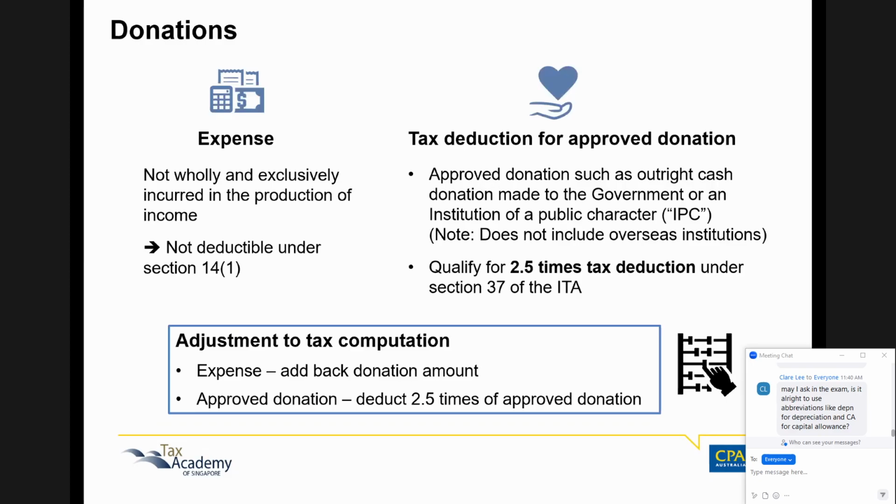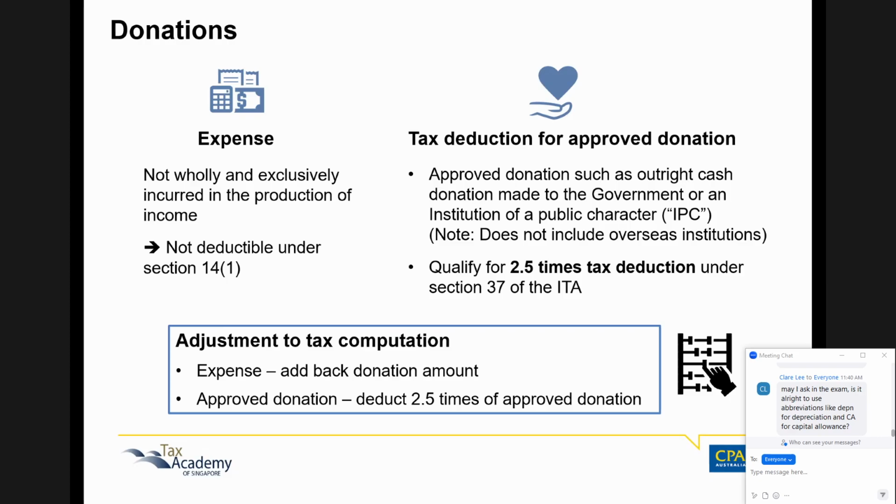Donations. Just remember, as an expense, you cannot allow the expense, you have to add back, because it's not wholly and exclusively incurred in the production of income. But there's a tax deduction for approved donations. So the thing here is that it has to be approved.